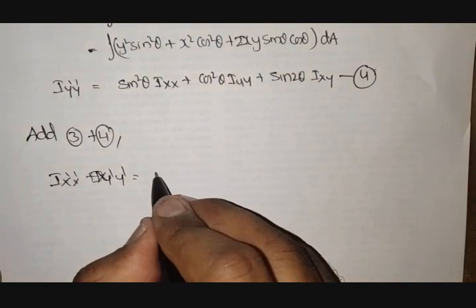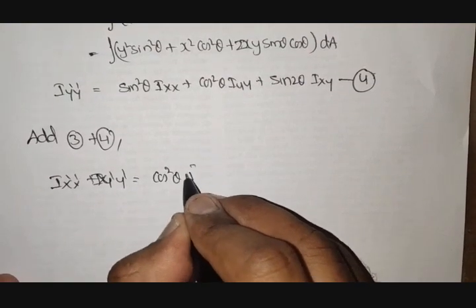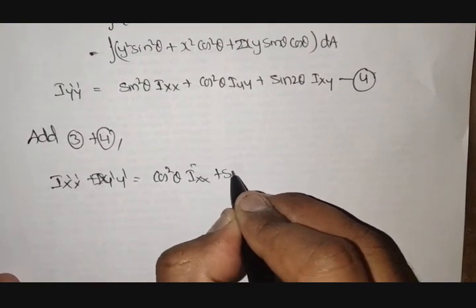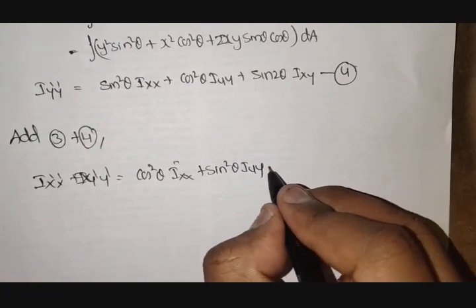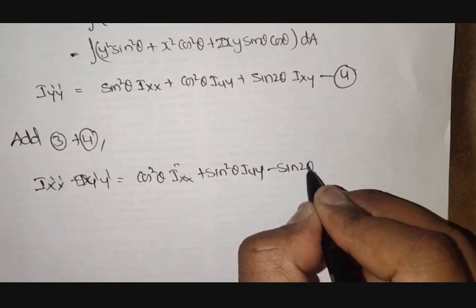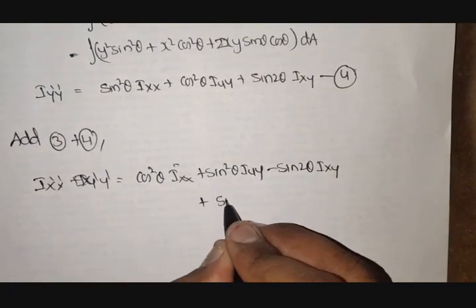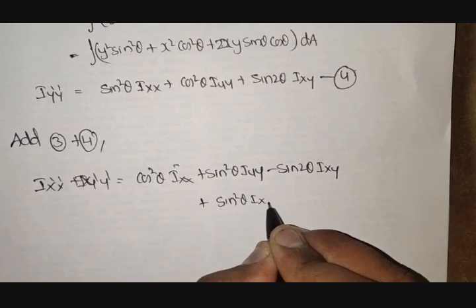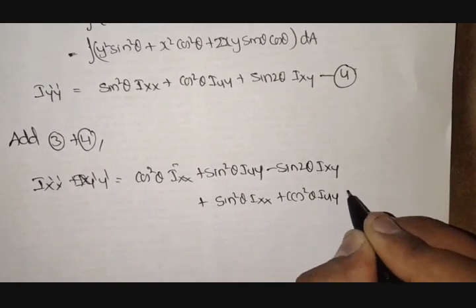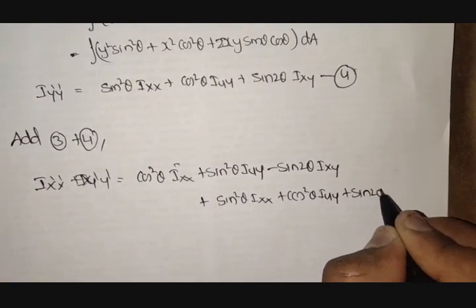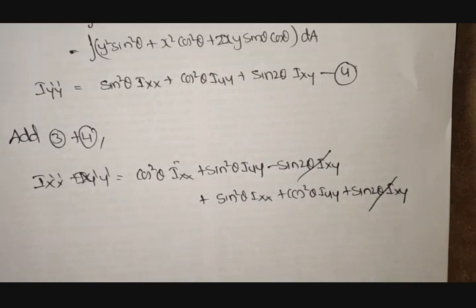If I add, the equation is cos square theta into Ixx plus sin square theta into Iyy minus sin 2 theta into Ixy, and next the Iy value is sin square theta into Ixx plus cos square theta into Iyy plus sin 2 theta into Ixy. So sin 2 theta will get cancelled.